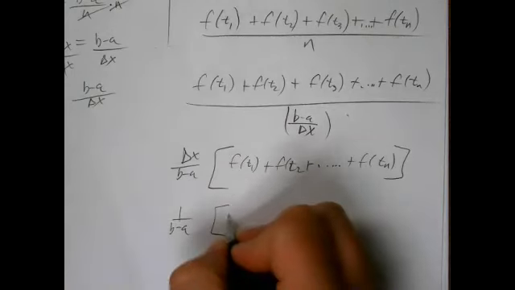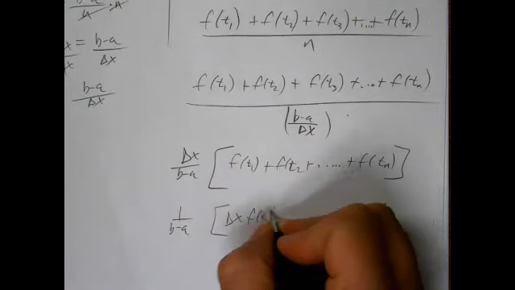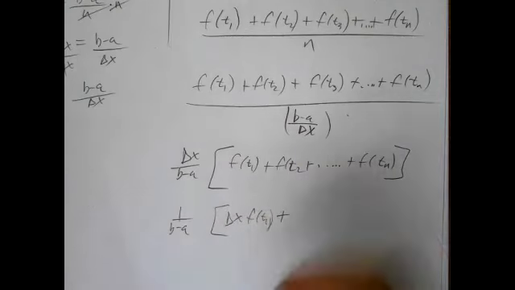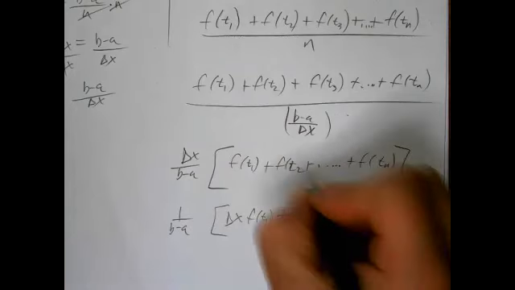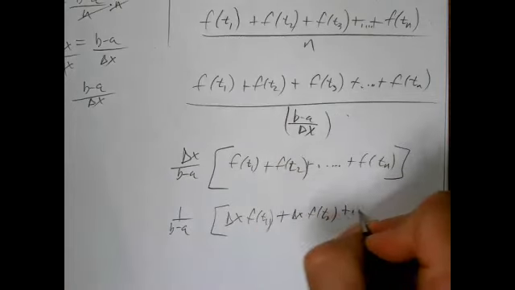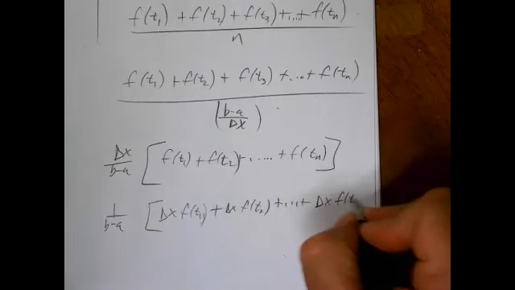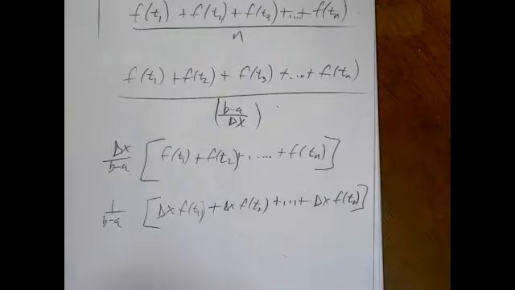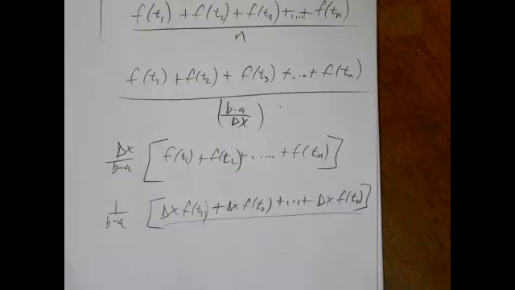And I get delta x times f of t sub 1 plus delta x times f of t sub 2 plus dot, dot, dot, down to the end, delta x times f of t sub n. All right, now this portion right here should look familiar to you.